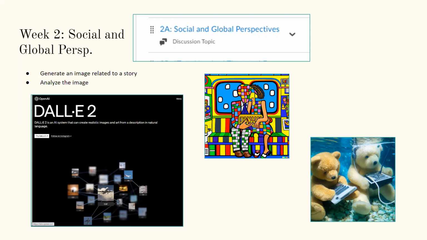If the website is not working, you can use another free online AI image generator website to finish the assignment. Once you generate an image that you like, write about the image and how it exemplifies the global or social perspective related to your story. As always, post the content by Saturday night, and your responses to your peers are due by Tuesday.